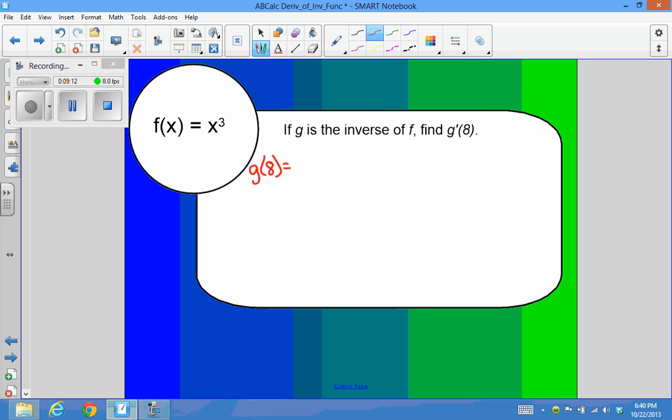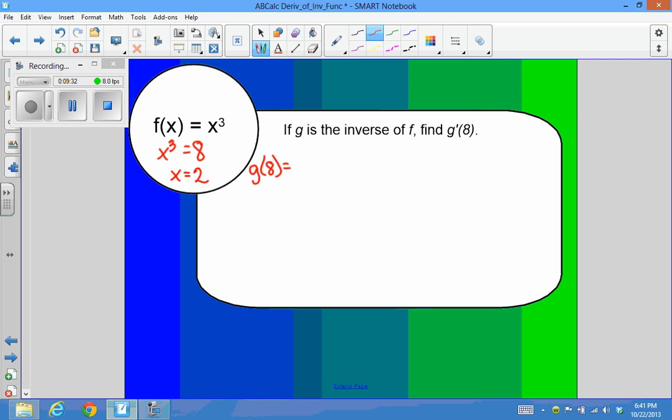So I go back to my original function, which was f of x equals x cubed, and that means that x cubed had to equal 8. So to find the domain, I need the x value, and we all know that the cube root of 8 is 2, and so x equals 2.